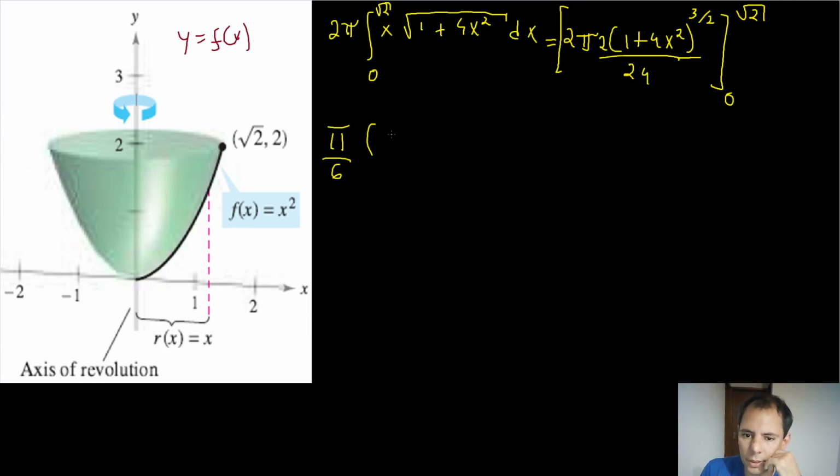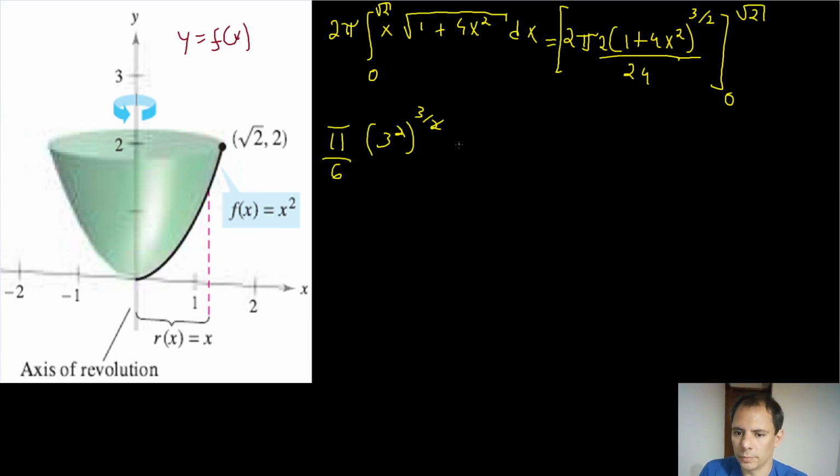And here you have 9 to the 3 halves. But 9 is the same as 3 squared, so it's 3 squared to the 3 halves. You multiply these exponents and cancel them out, so it'll be 3 cubed, which is 27.